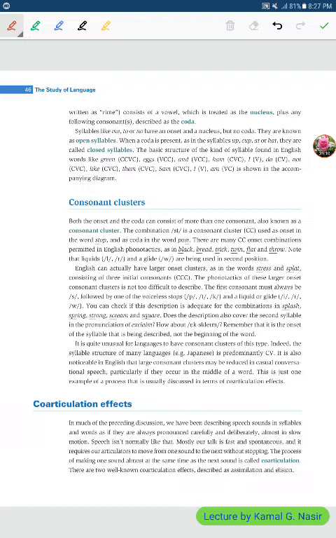Phoneticians recognized what we call assimilation and elision.